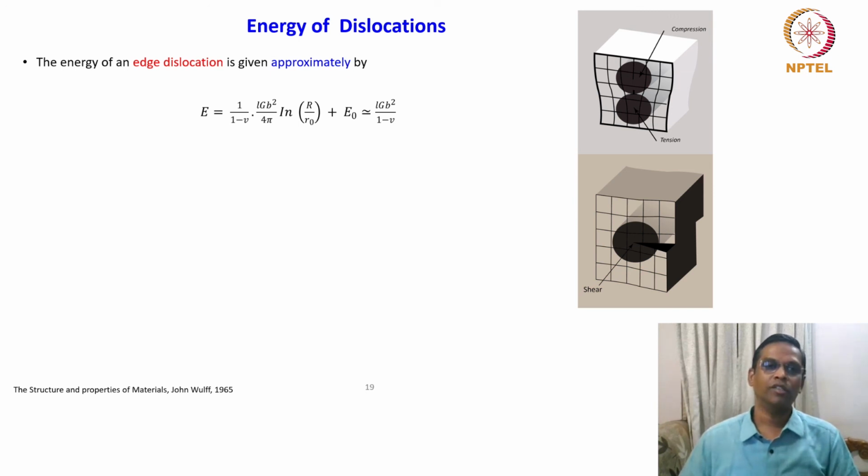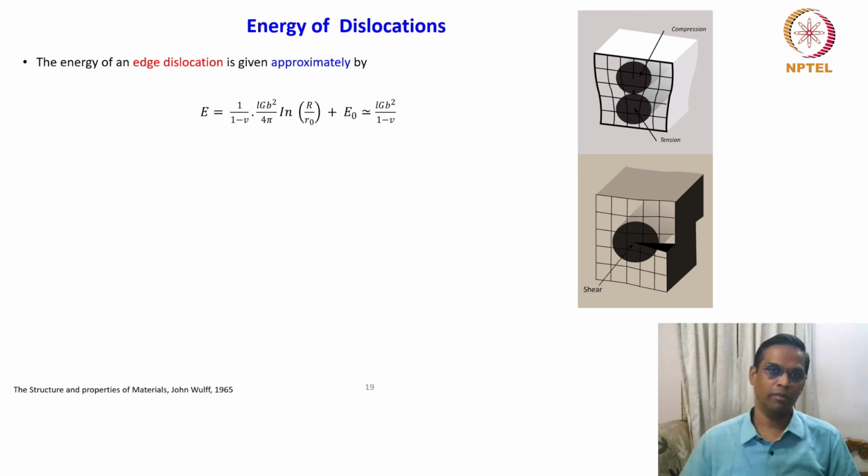So when you move from screw dislocation to edge dislocation expressions, you will always see that this 1 by (1 minus mu) term comes in for the edge dislocation. You can just imagine how it would have got inserted. That is because you are now considering the state of stress as a plane problem, especially a plane strain problem.